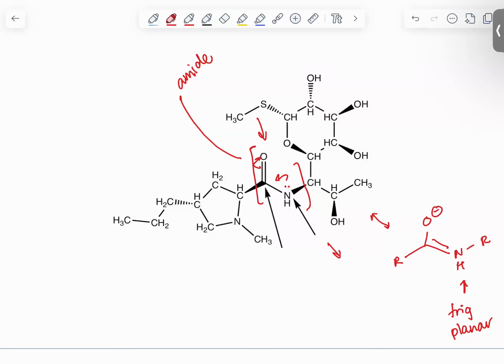And so that's why both exist. And it's rapidly changing between those all the time. So although we mostly draw it as the amide, it can exist as trigonal planar. And so we always say it's trigonal planar. Yes.